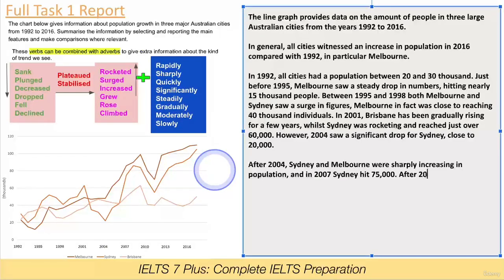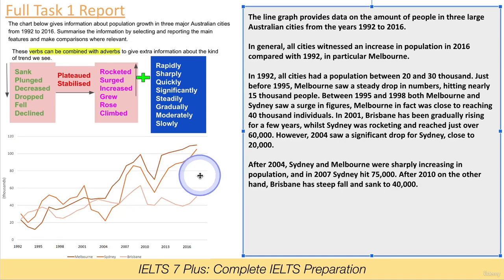After 2010, on the other hand, Brisbane had a steep fall and sank to 40,000. Okay, what is happening in, let's say, 2013?